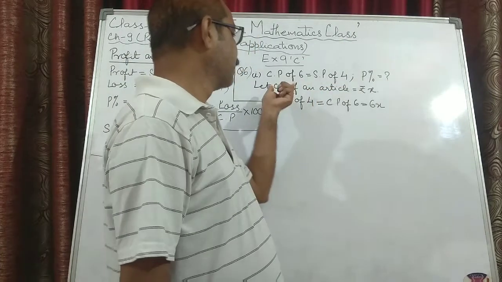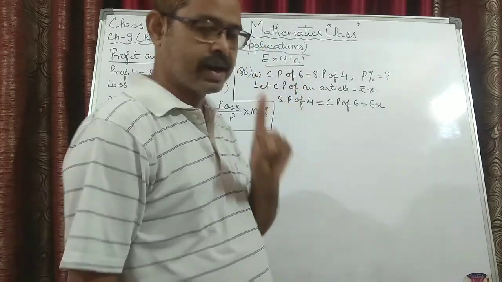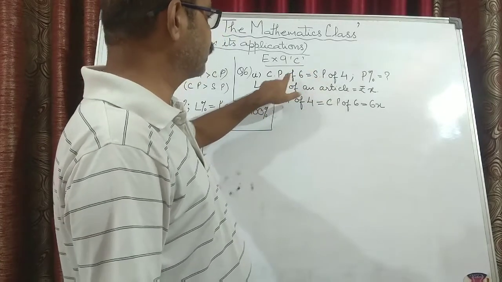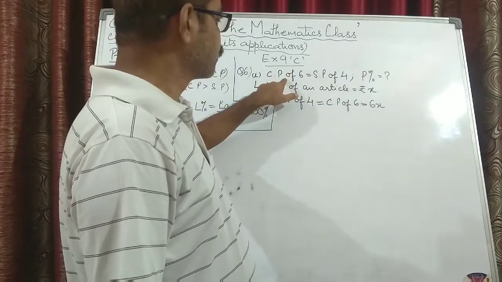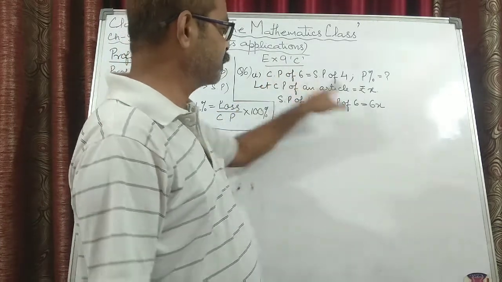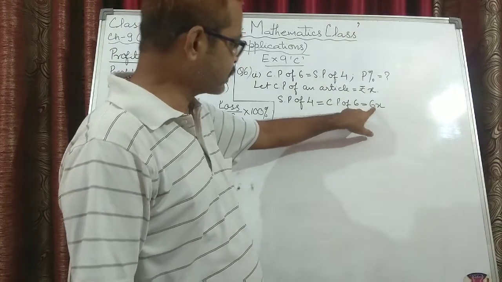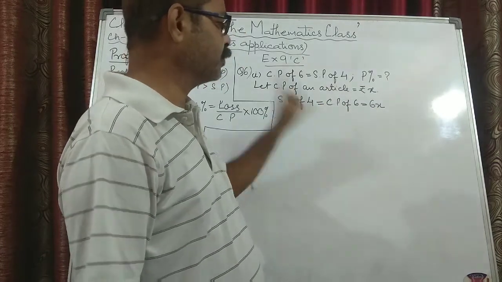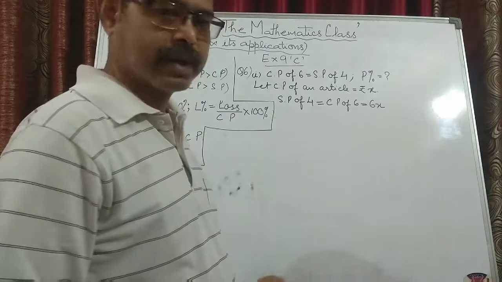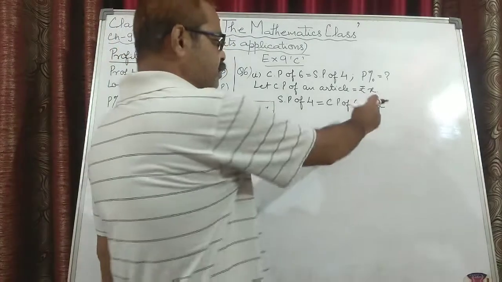So 6X will be equal to the selling price of 4 articles. Means we got the value of the selling price of 4 articles in terms of X.